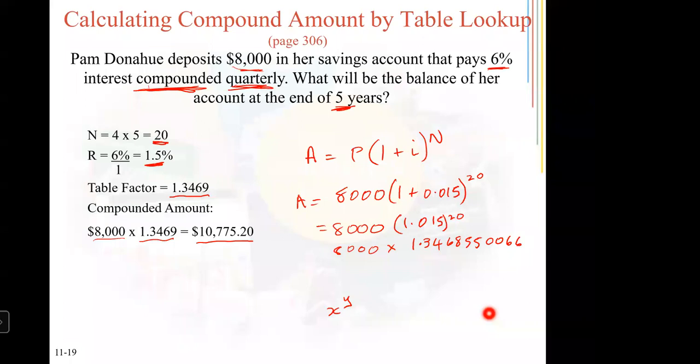Then you multiply 8,000 times that, and you notice that it's close to the table factor. They just round it to 4 places, so that 5 would make this become 69. All right. So if you have a scientific calculator, you could use that to work that out instead of having to multiply all those numbers of times, using the power key.